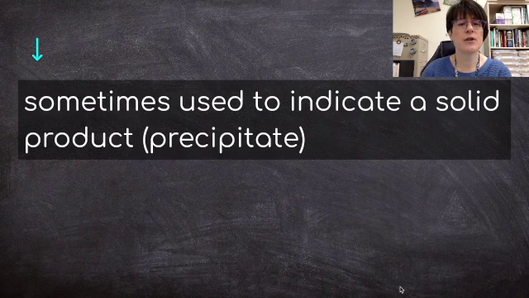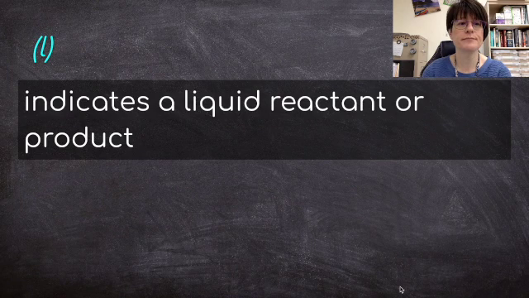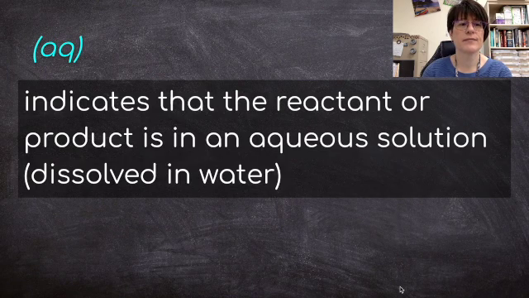A down arrow is also sometimes used to indicate a solid product, which is called a precipitate. An l in parentheses indicates a liquid reactant or product. And an aq in parentheses indicates that the reactant or product is in an aqueous solution, which means that it is dissolved in water.